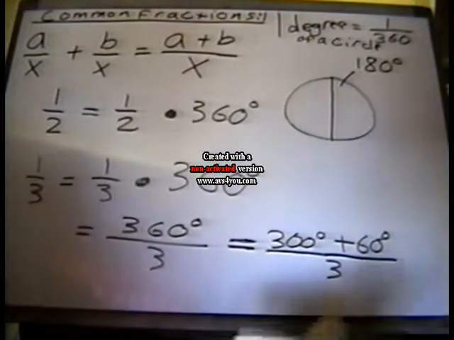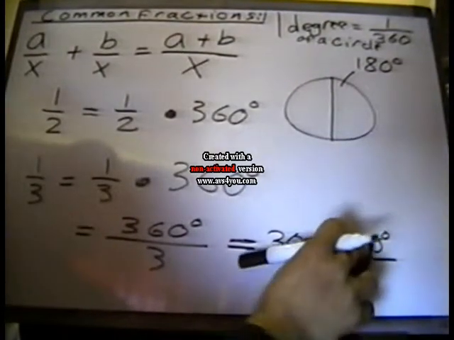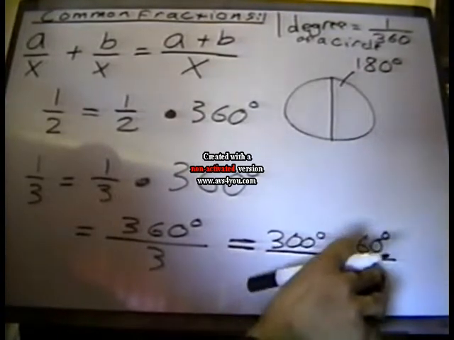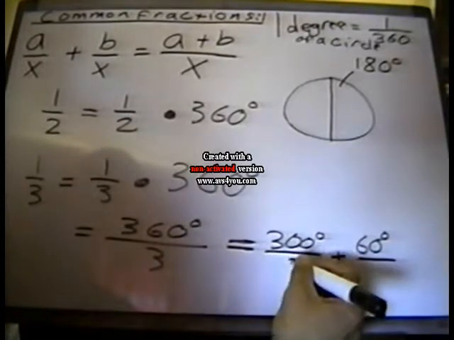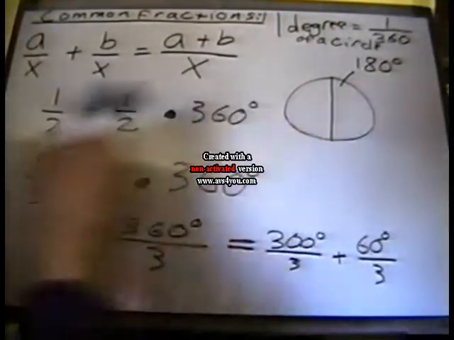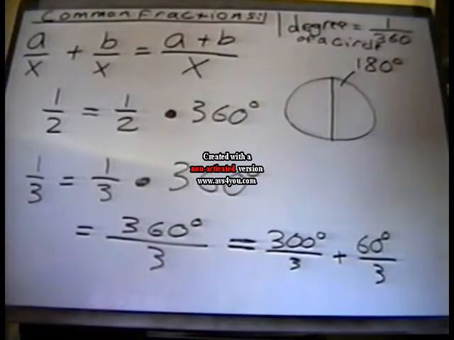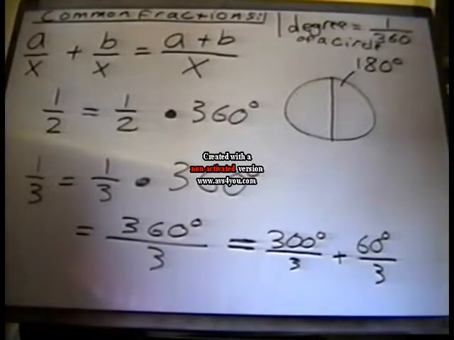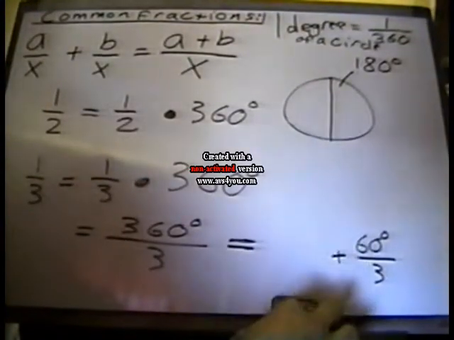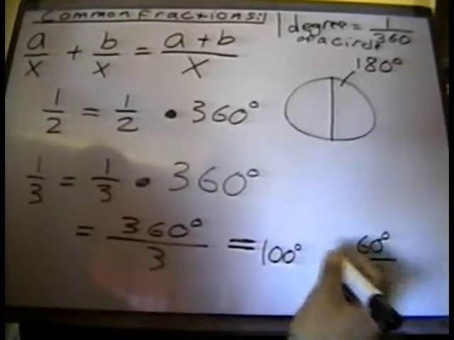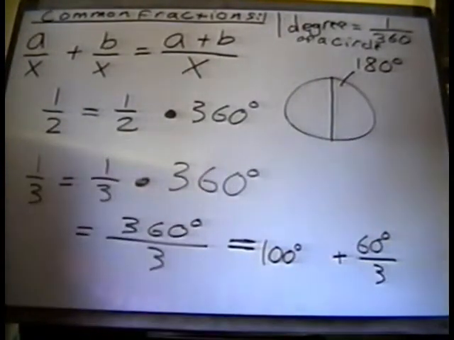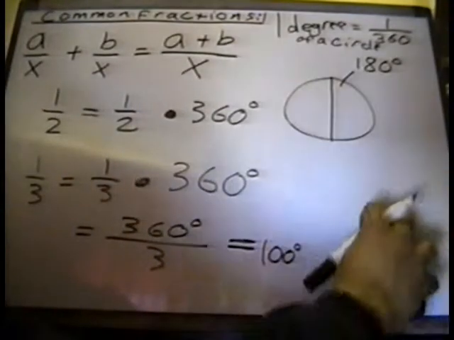Okay, or you could say 300 degrees over 3 plus 60 degrees over 3. Okay, now 3 divided by 3 is 1, so you get 100 degrees plus 6 divided by 3 is 2, plus 20 degrees.